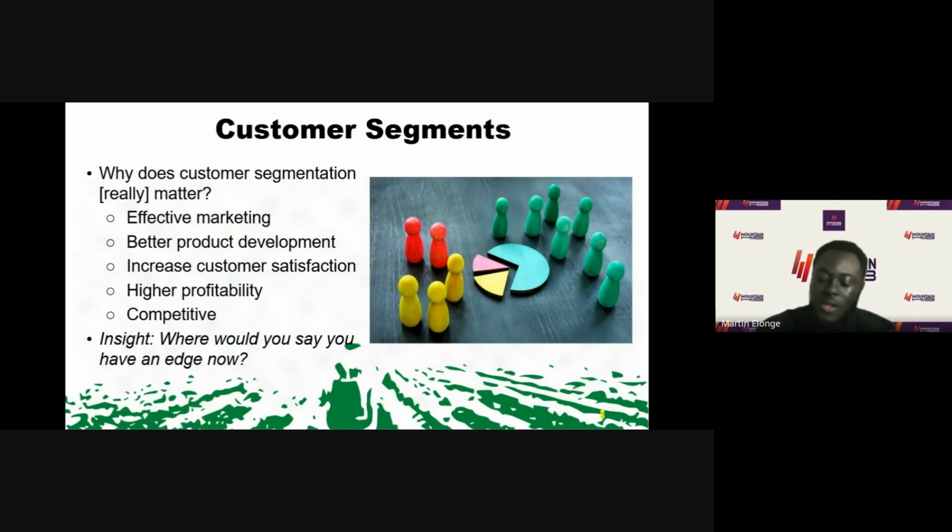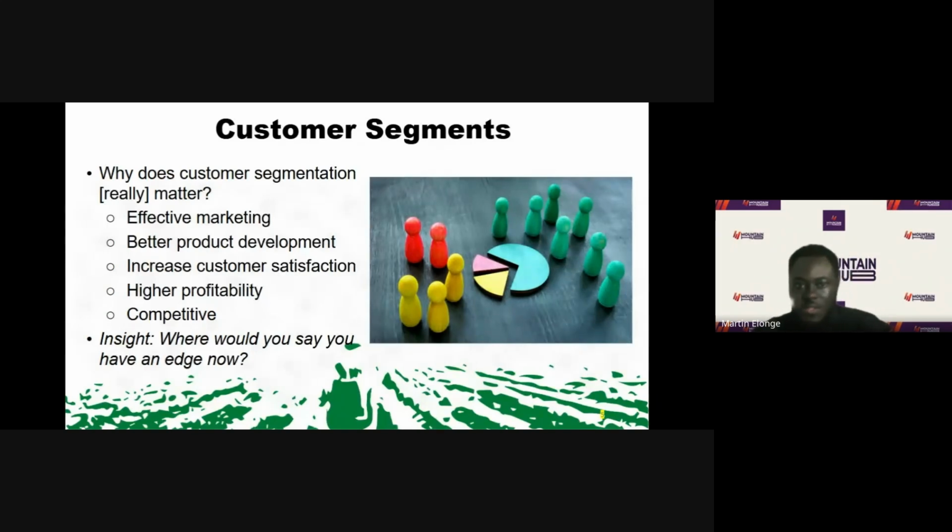It means that we have to engage in product development, which means that effective customer identification and segmentation would help us to know how our product is going to develop over time to meet these different categories of customers. Very importantly.